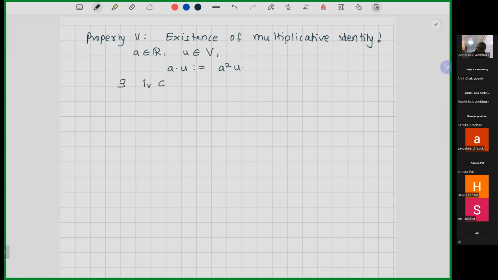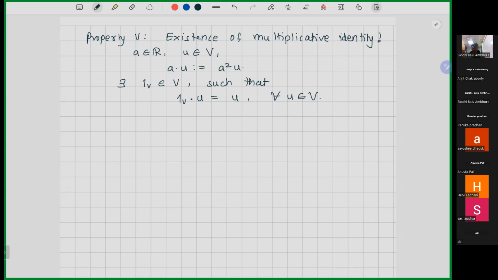So we want to check whether there exists an element 1_V in V such that 1_V times u is equal to u for all u in V. That is, we want to find this element 1, the multiplicative identity of our set V, which satisfies the property of existence of multiplicative identity.